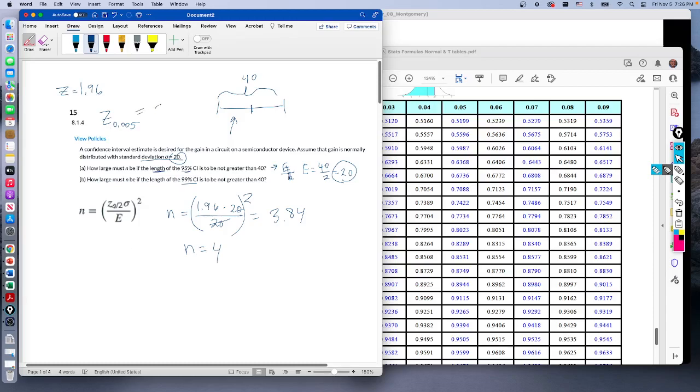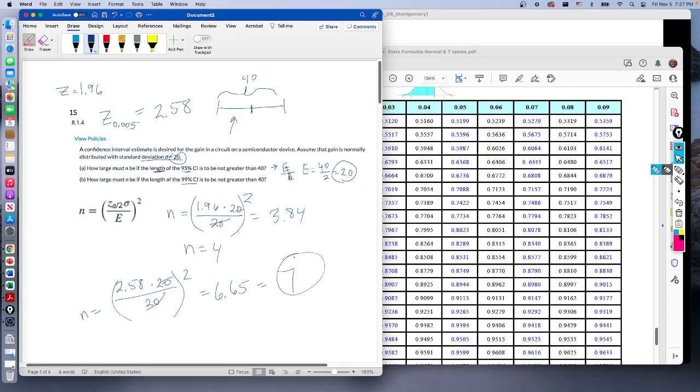So that calculation comes out the same: 2.58 times 20 over 20, squared. Again, the 20s cancel, so 2.58 squared is, I come up with 6.65. So we better make n 7, go up.